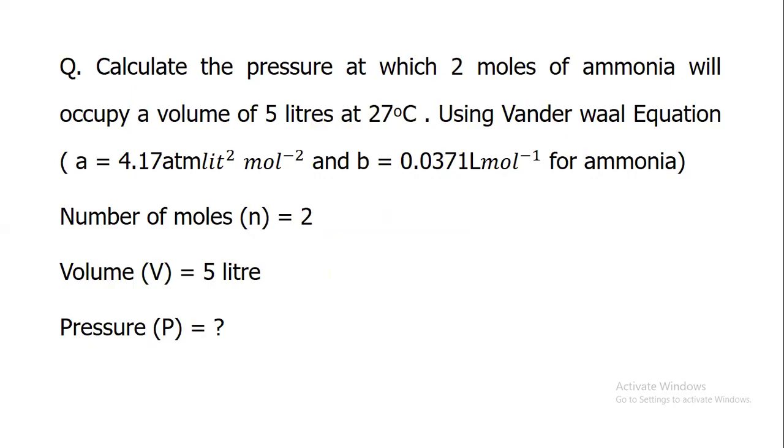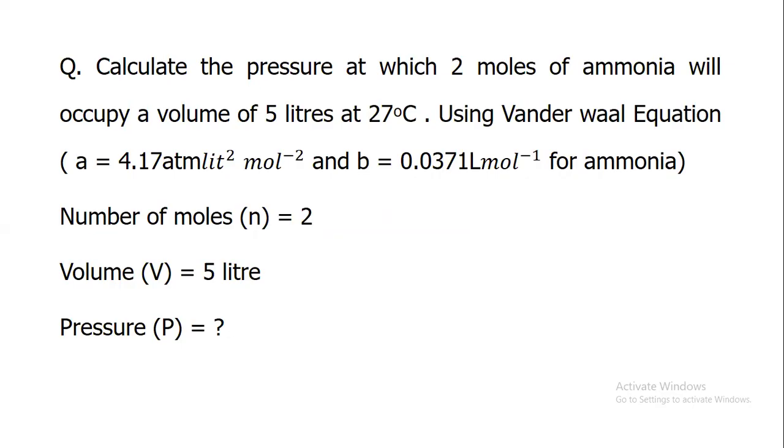Calculate the pressure at which 2 moles of ammonia will occupy a volume of 5 liters at 27 degrees Celsius using van der Waals equation. A is 4.17 atmosphere liter square per mole square, and B is 0.0371 liter per mole for ammonia.